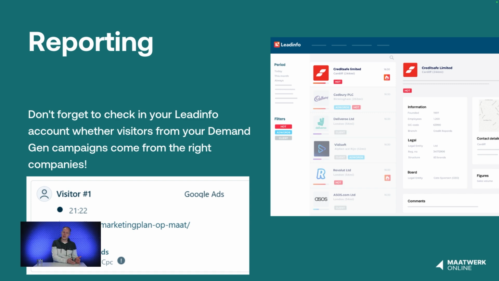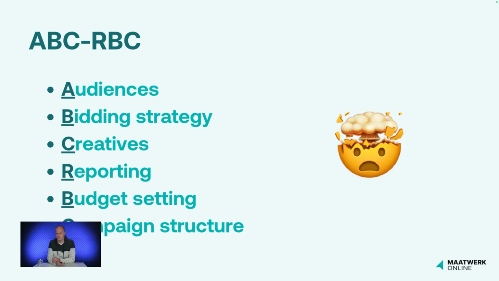If you connect your Google Ads account with your Leadinfo account, you can see in the Leadinfo portal which campaigns drove which companies to your website, and you can determine if those are high value companies or not. So that's also a tip that I strongly suggest today.